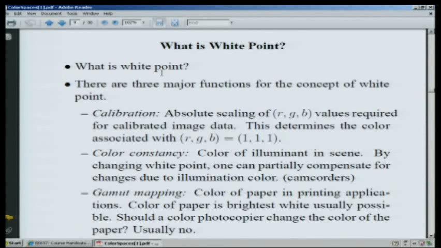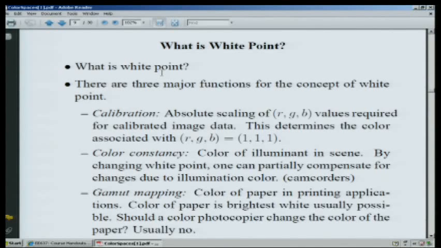But first of all, white point is a complex concept because the same words refer to more than one technical concept. And our treatment of white point is going to be very limited in this class, because we won't be able to get into the more complicated aspects of it.